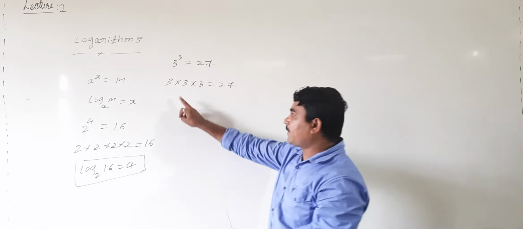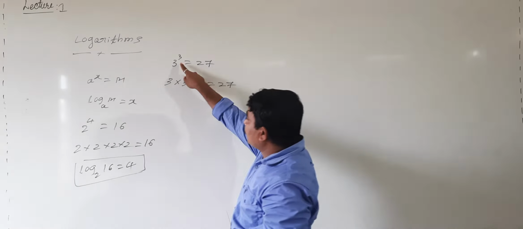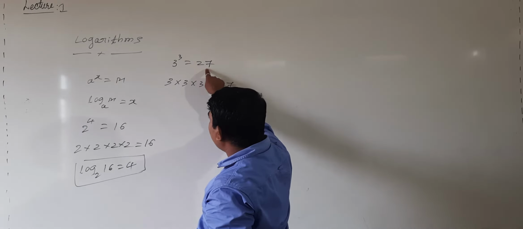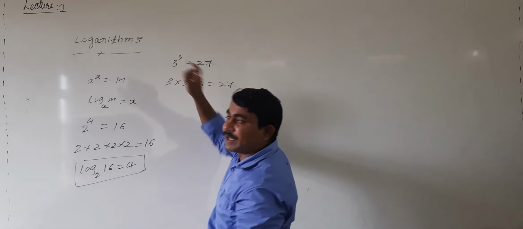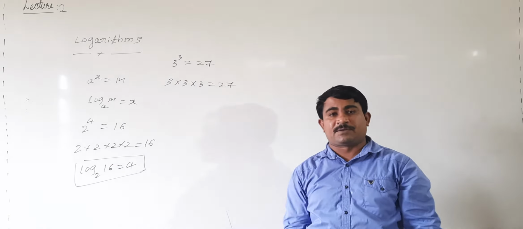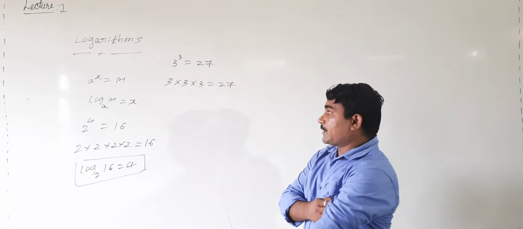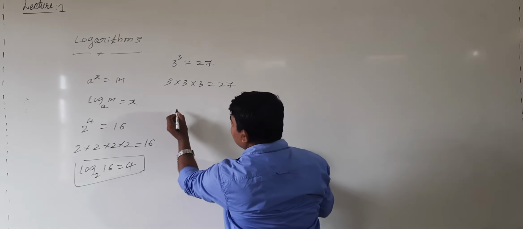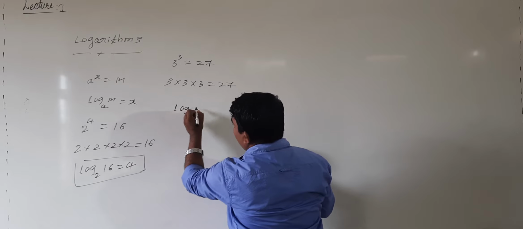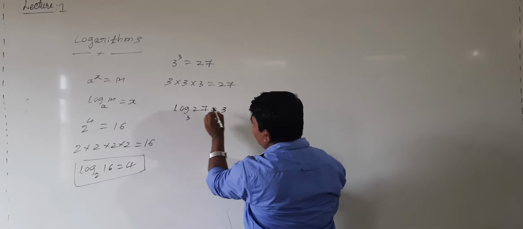How many times multiplied? 1, 2, 3. Here 3 is called a logarithm of 27 to the base 3. See here, again how to write this value? This value can be written as logarithm of 27 to the base 3 equal to 3.